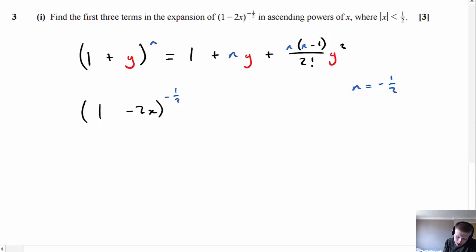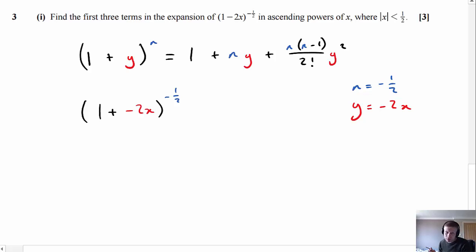Be careful here: my expansion is in terms of 1 plus something, and inside here I've got 1 minus something, but that's not a big deal, because 1 minus something is the same as 1 plus the negative of that something. So 1 - 2x is the same as 1 plus negative 2x. Does that make sense? So y is negative 2x. Then it's just a case of plugging those two things into my formula up here.